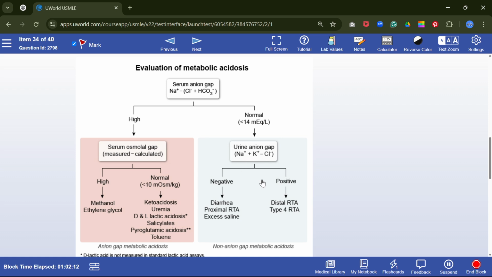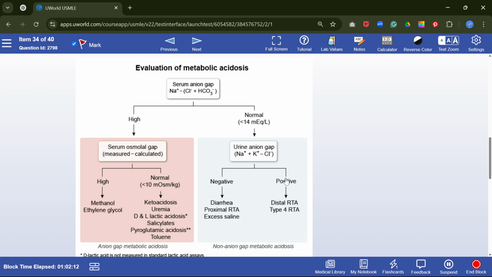If urine anion gap is positive, it is distal RTA, that means type 1 RTA and type 4 RTA. And if urine anion gap is negative, then it is diarrhea, proximal RTA, and excess saline.